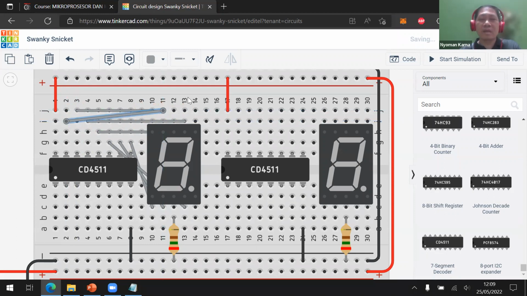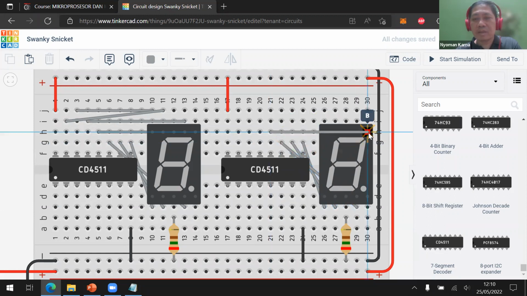Okay, finish. Now the other one. This is E. This is D. This is C, and this one is also C. This one, no. Sorry, this one is B first.